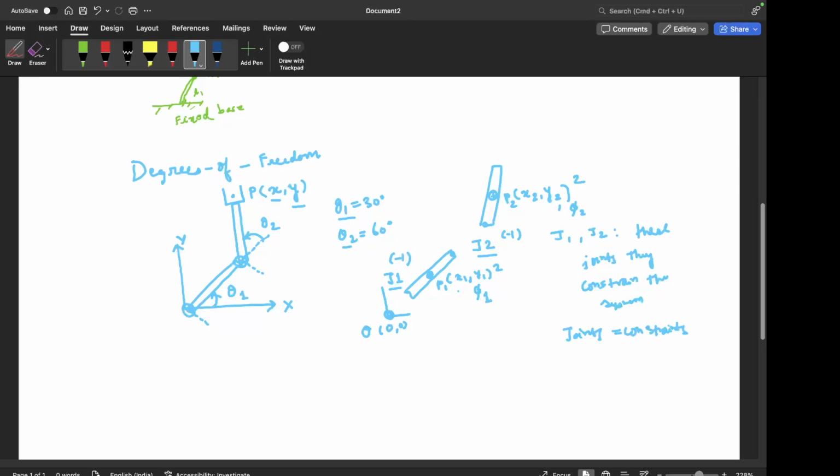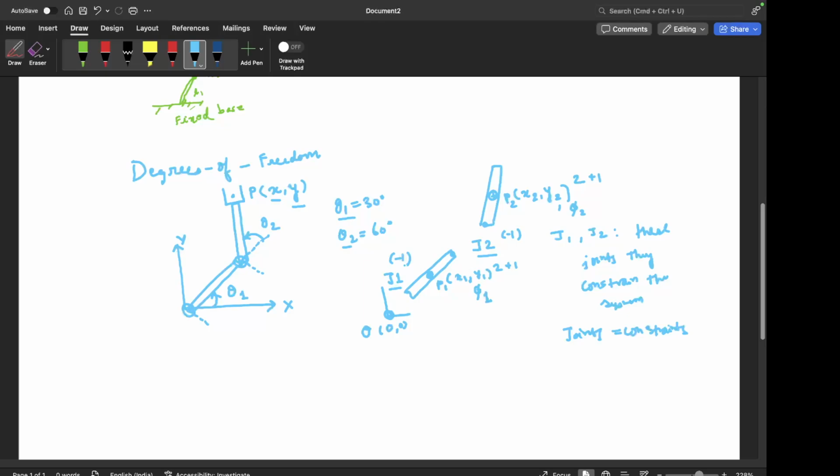So if I consider this as a proper extended body, then the center of mass position and the orientation of the link can all three vary if the link is considered independently. So let me add 2 translation plus 1 rotation, 2 translation plus 1 rotation. So these two links independently have 3 degrees of freedom each in the planar case, right?